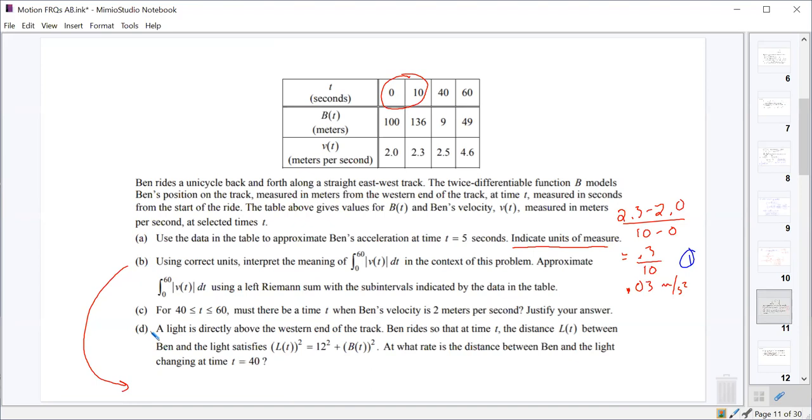It is the total distance traveled. Total distance traveled. If you integrate velocity, that's how you get the distance from your starting position. Integrating the speed tells you the total distance that you travel.